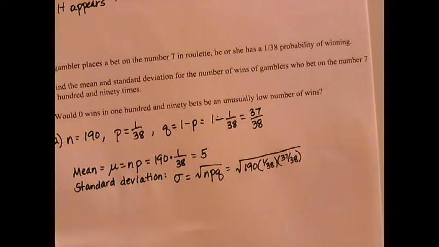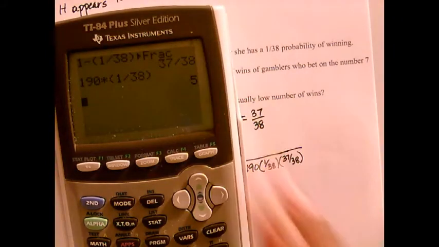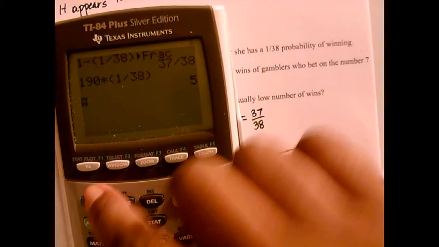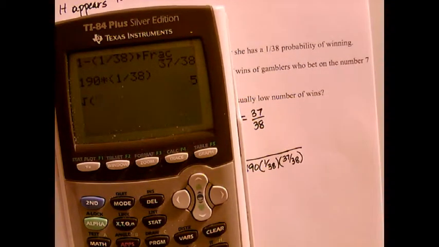Now let me show you how this is typed into the calculator. So second and x squared for the square root, 190 times, left parentheses, 1 divided by 38, close parentheses, times, left parentheses, 37 divided by 38.